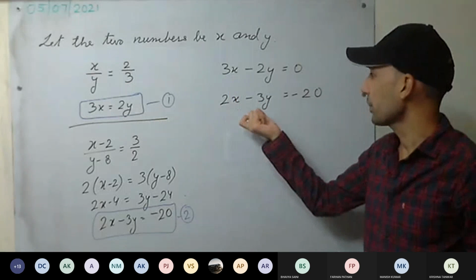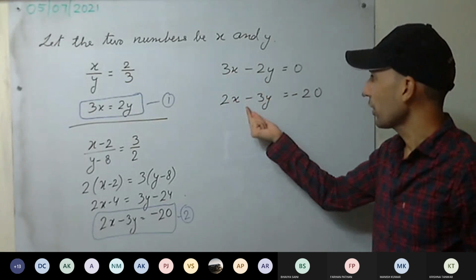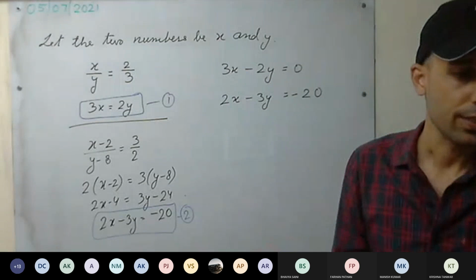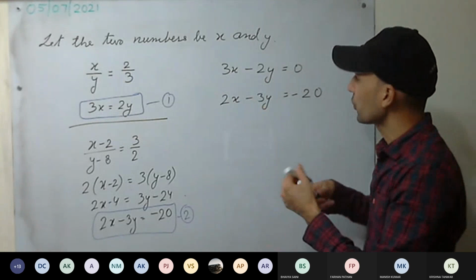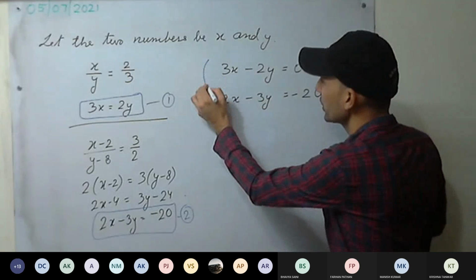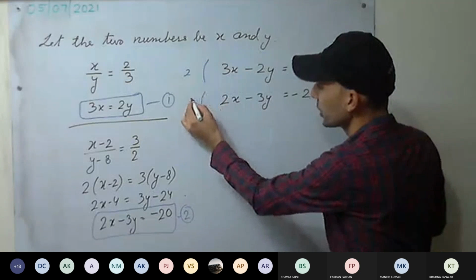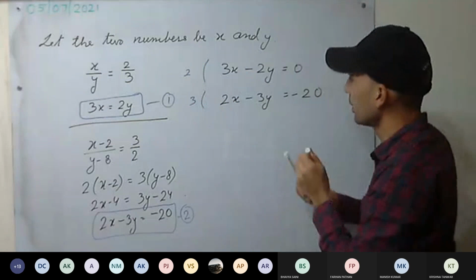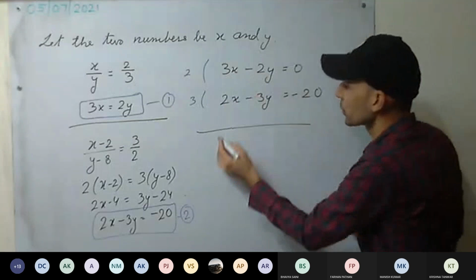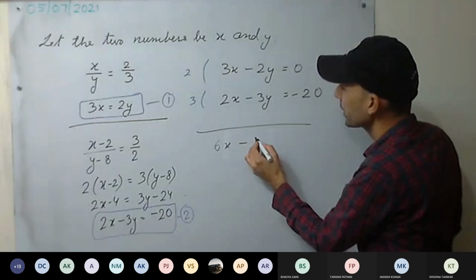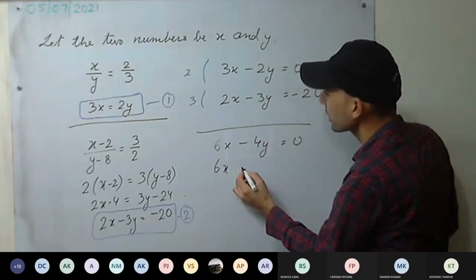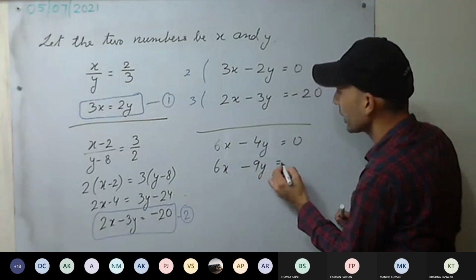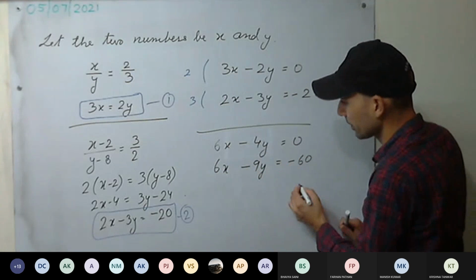Any of these coefficients you can make equal, either of x or y. For example, I'm making it of x. So the first equation I'll multiply with 2 and the second equation with 3. So 6x minus 4y equal to 0, and 6x minus 9y equal to minus 60.